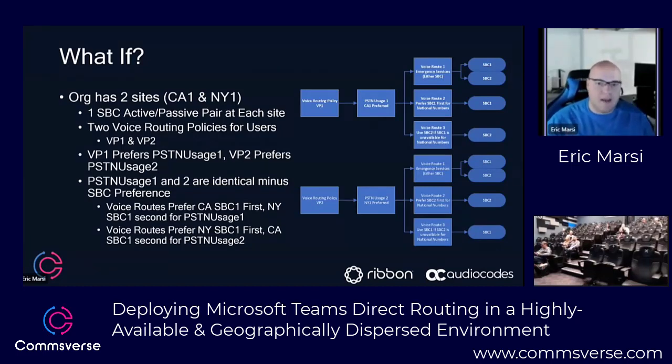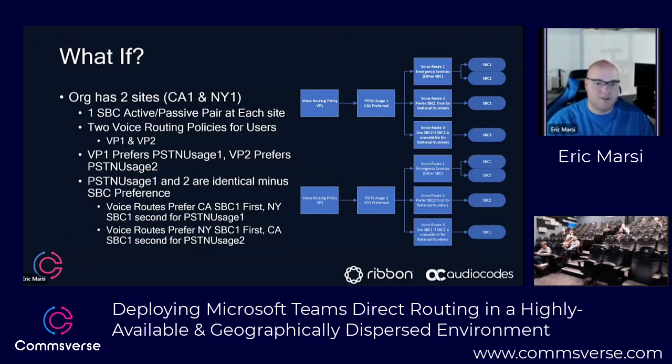We don't want to be assigning something that prioritizes an SBC in California first for somebody on the opposite side of the country, because you're going to have a lot of latency, a lot of issues there.